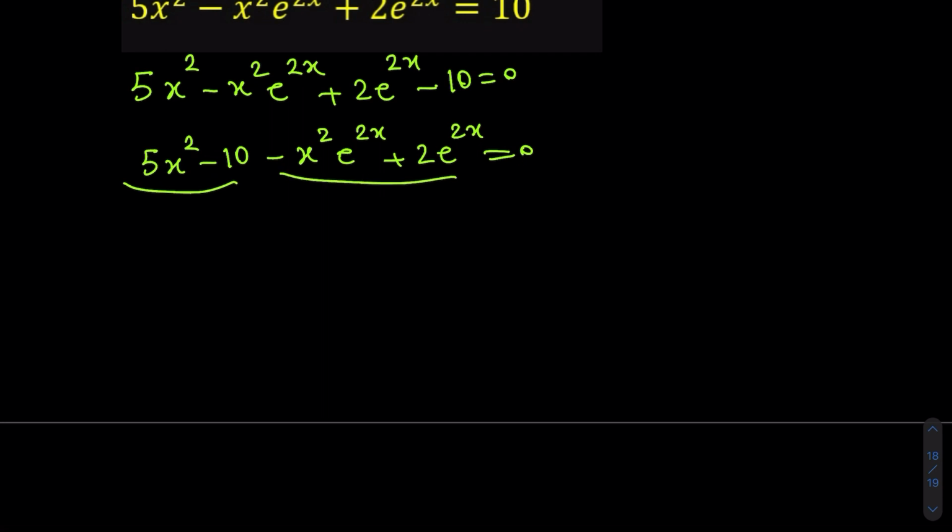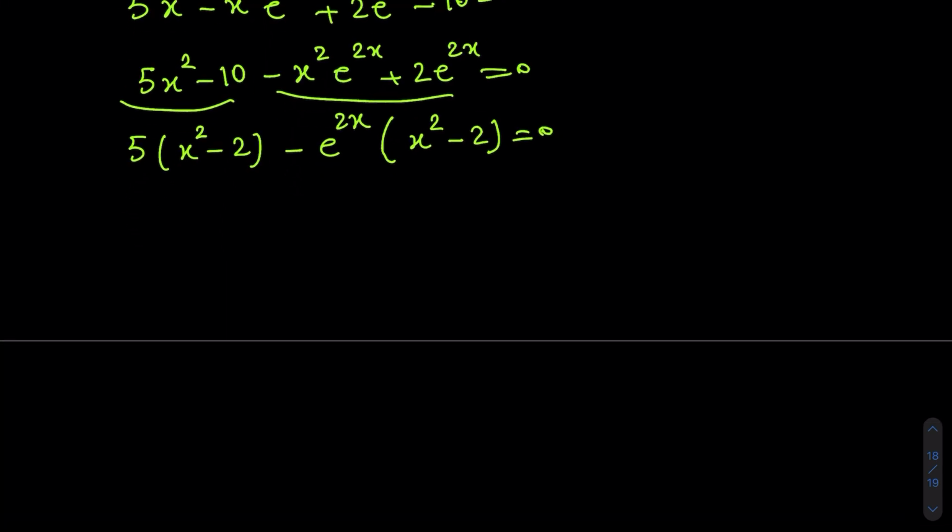and from the first one I can factorize 5 from this pair. If I factorize 5, it will be left with x to the power of 2 minus 2, right? And from the second one, if I factorize negative e to the power of 2x, I will be left with x to the power of 2 minus 2 is equal to 0.